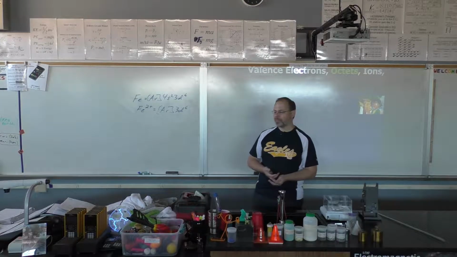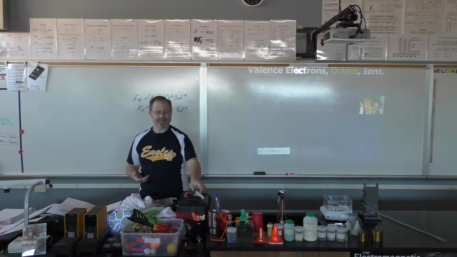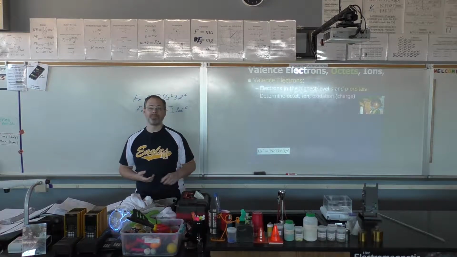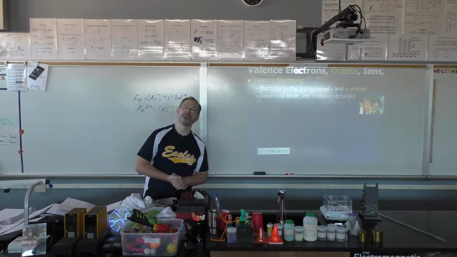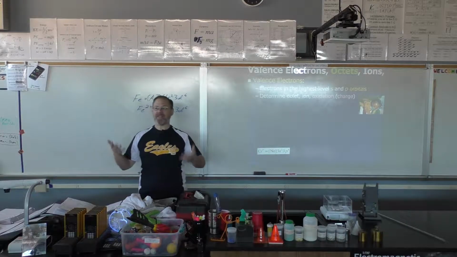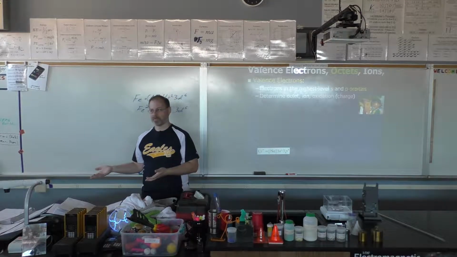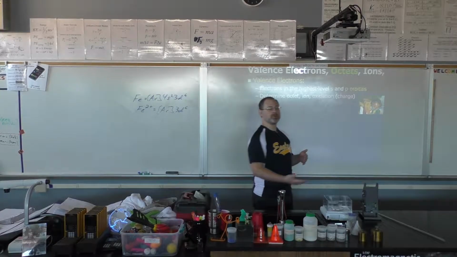Yeah. Now the full set of electrons is called an octet. An octet is 2 electrons in the s and 6 electrons in the p. The octet is the 8 valence electrons. Valence electrons are the electrons in the highest s and p shells.